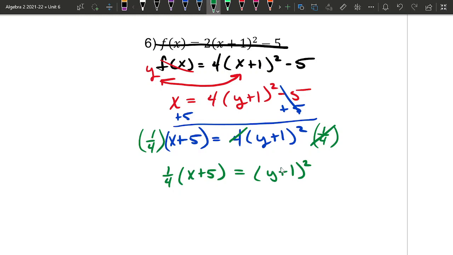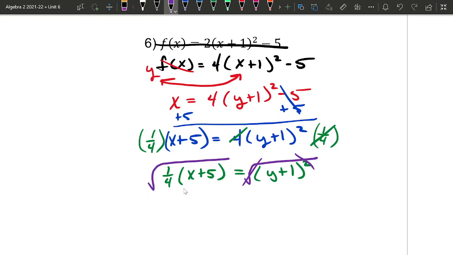Trying to get y by itself, so I need to get rid of squared. So I'm going to take the square root. That's how you cancel out a squared, is you take the square root. If I do it on one side, I have to do it on the other. Alright, so I need to take the square root of the 1/4 and the square root of x plus 5. That's why I changed it to a 4.